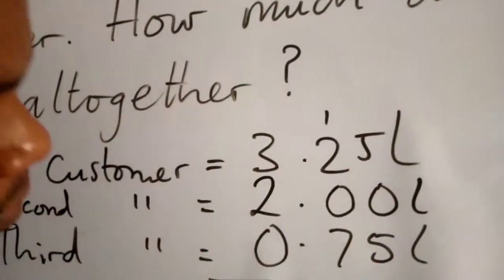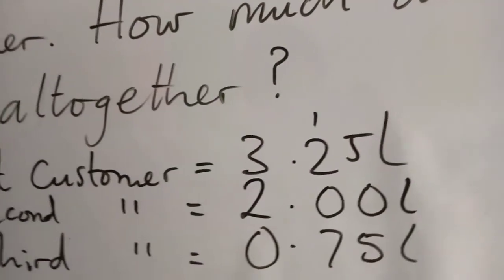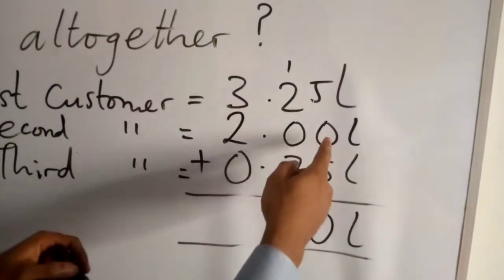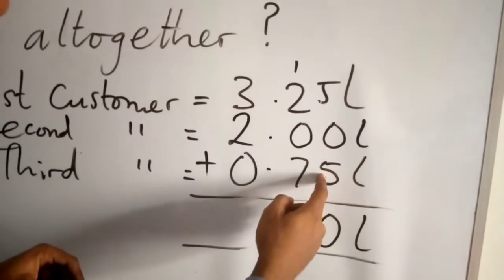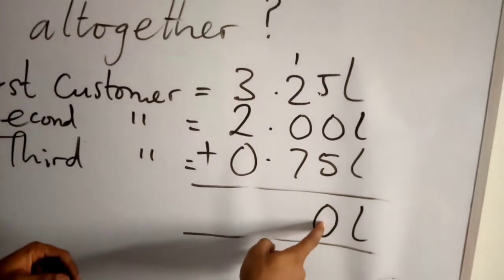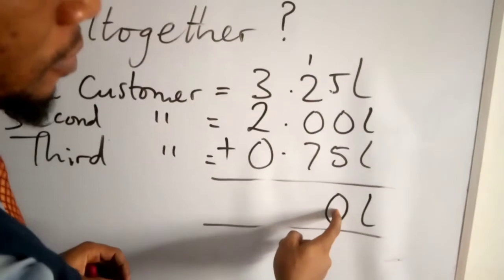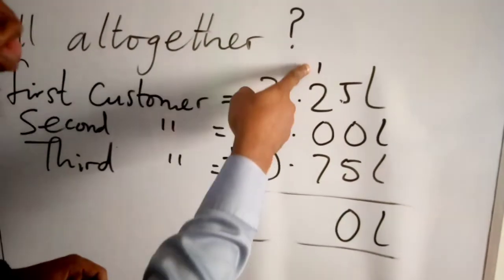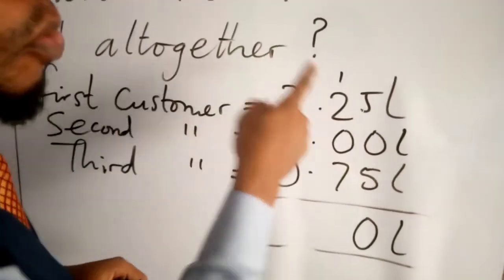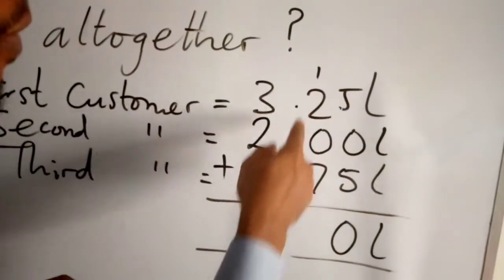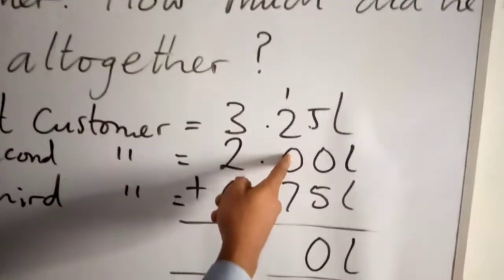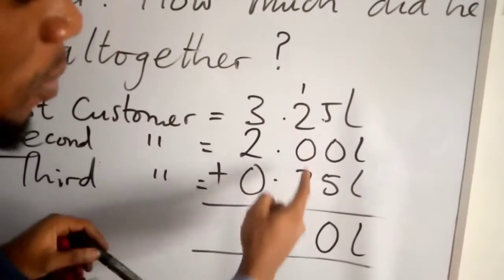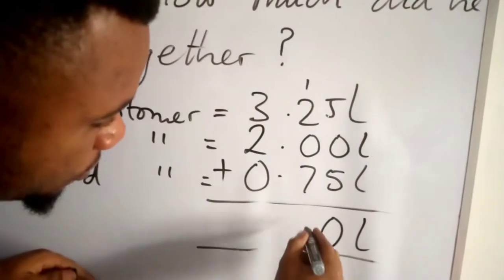Take up your tens. Remember your unit. 5 plus 5 is 10. You write down your unit, which is 0. You bring up your 1, tens up. So 1 plus 2, 3. 3 plus 0, 3. 3 plus 7, 10.